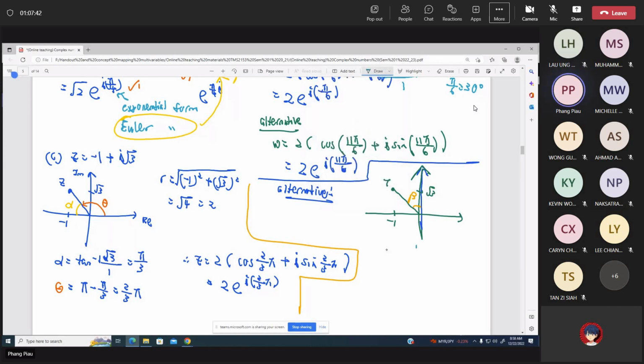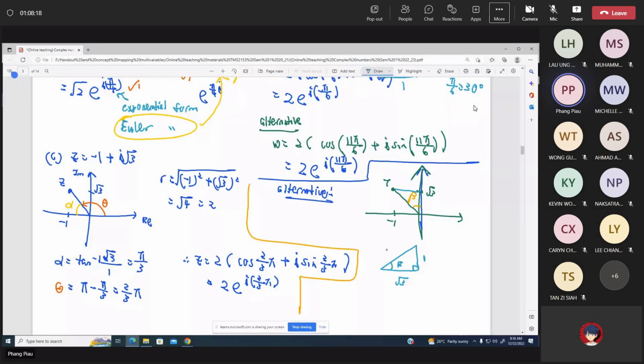Here you have your beta. This and this, the length is square root of 3. Then you have your square root of 3 and you have this is your 1, because this here is your 1.